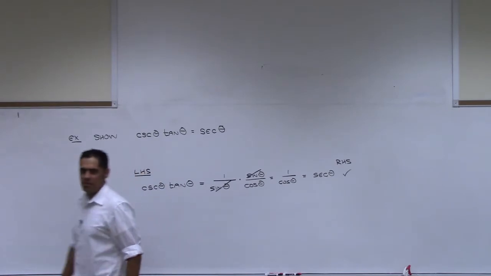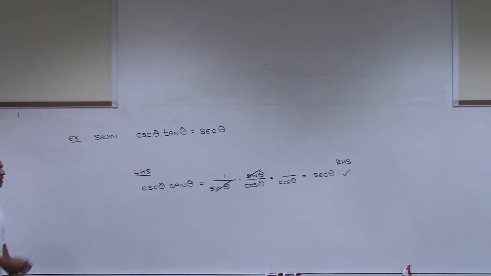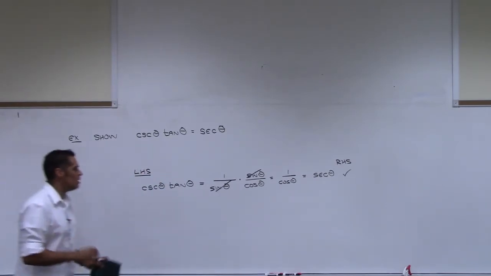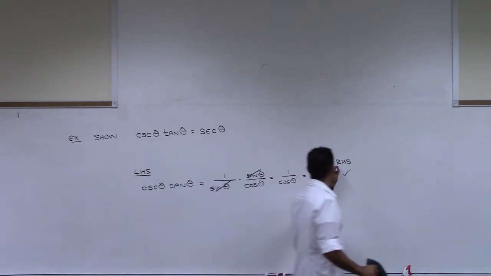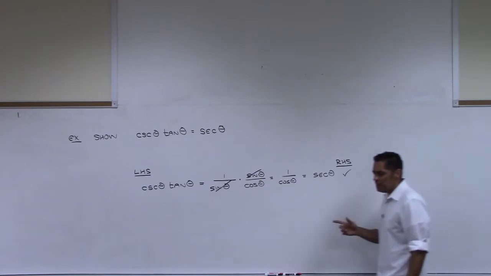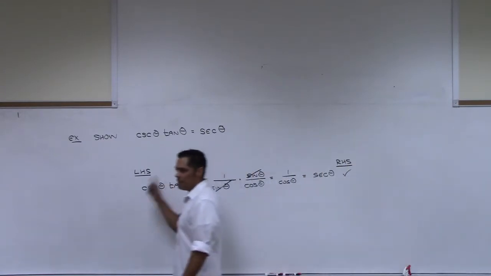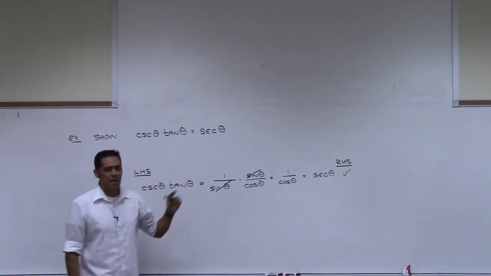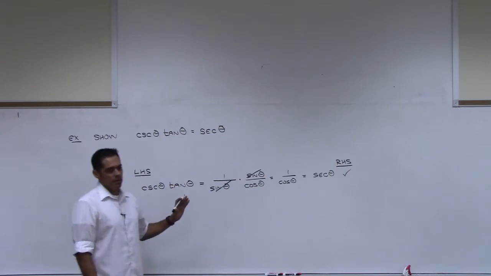That's about as easy as it'll ever get, okay? But the idea here I want to make sure you're clear on is you start with one side and try and turn it into the other. Now, as we'll see, sometimes getting from that left-hand side to the right-hand side is very difficult.